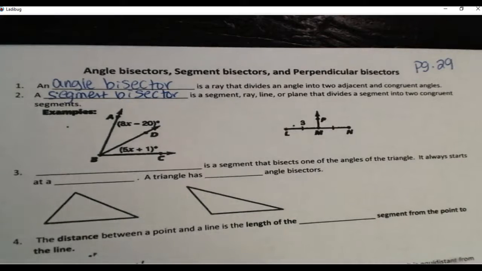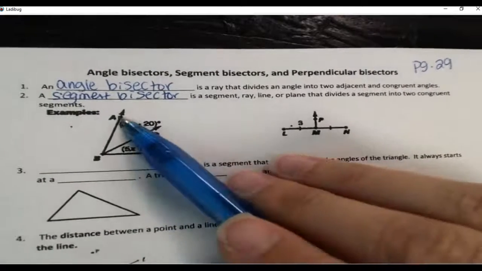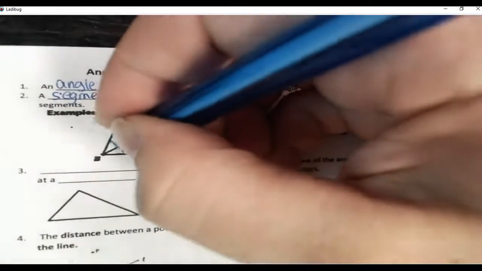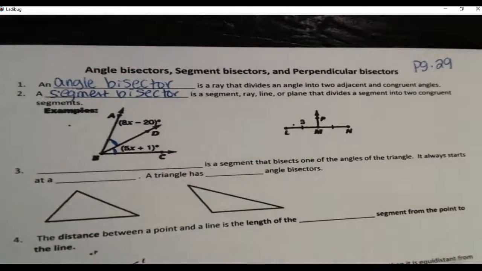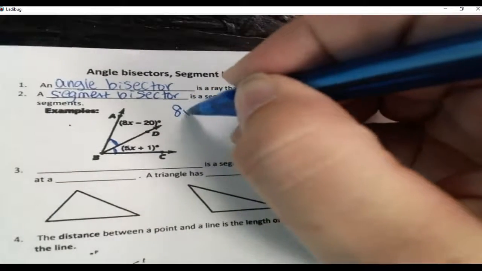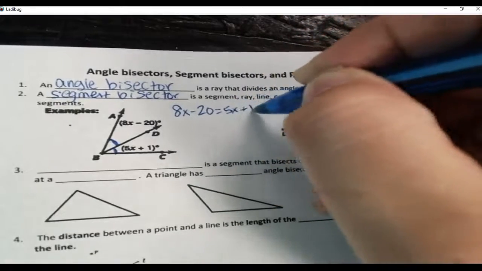So if we look at this first one, if I know that BD is the angle bisector of ABC, then that means this top side is the same as that bottom side. So if I wanted to solve for x, all I would have to do is just set them equal to each other. So 8x minus 20 equals 5x plus 1.